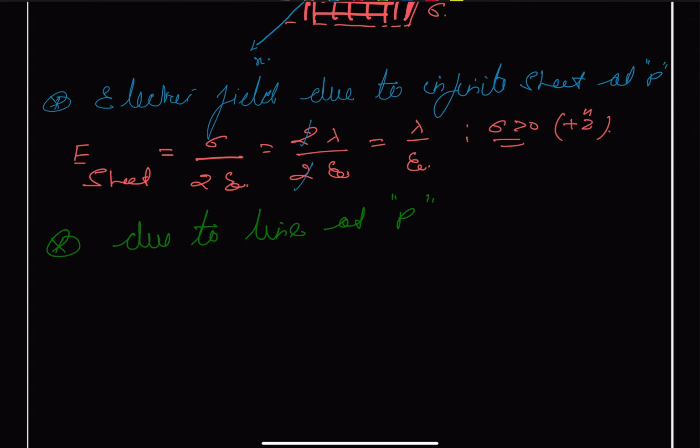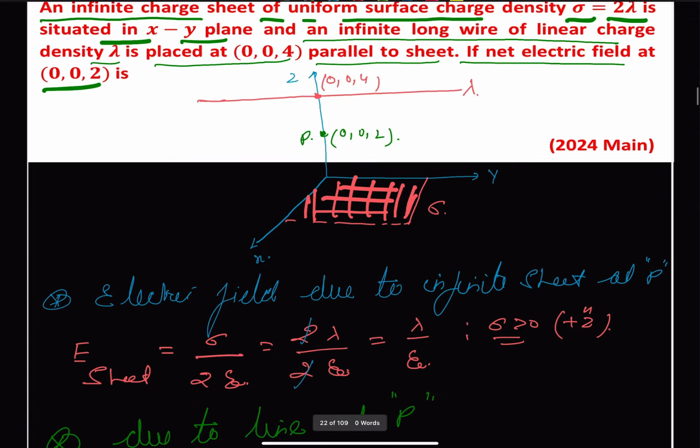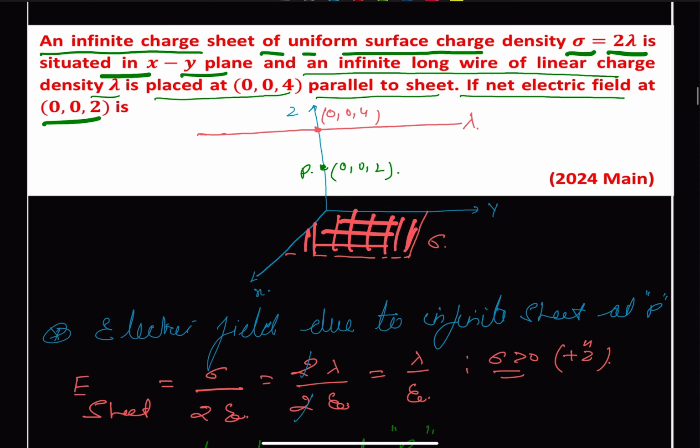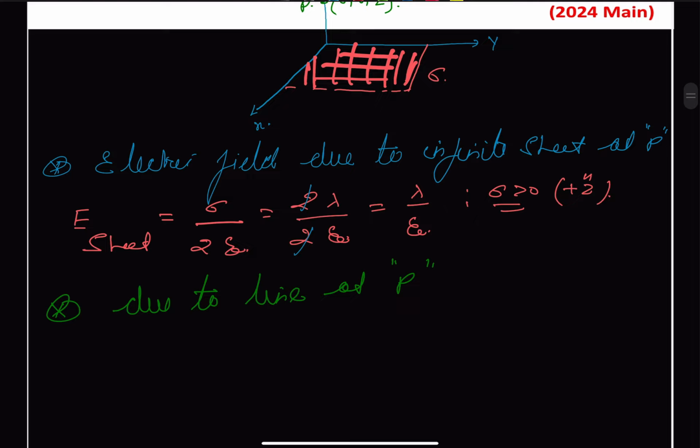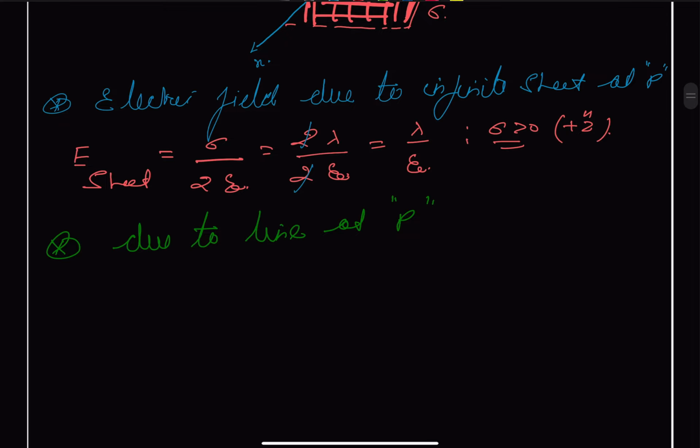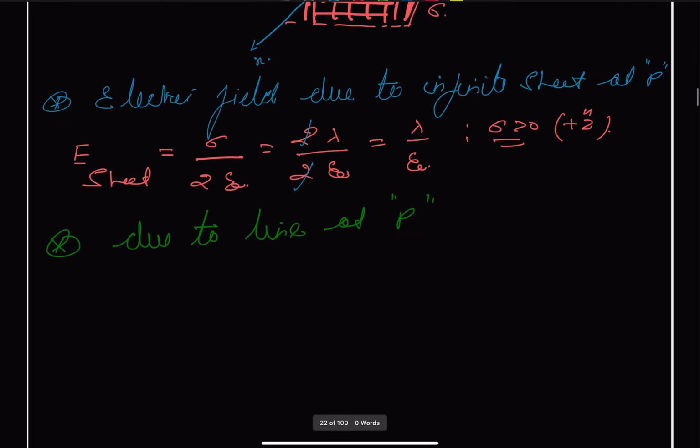And this point P is at 0, 0, 2, so the distance will be equal to 2. And we know that electric field due to wire, we call this as E wire, and this E wire will be equal to lambda divided by 2 pi epsilon naught multiplied by R. Here R is equal to 2.